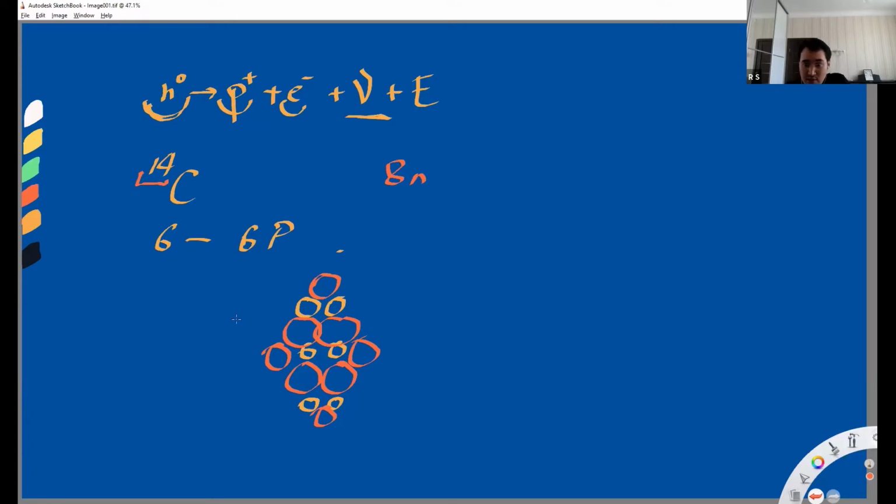Whenever one of these neutrons decays, let's say this one, it will decay into 1 proton, again 1 electron, a neutrino, and energy. So the electron, neutrino and energy will escape, but the proton will stay in this place. So instead of this neutron, we will have another proton.